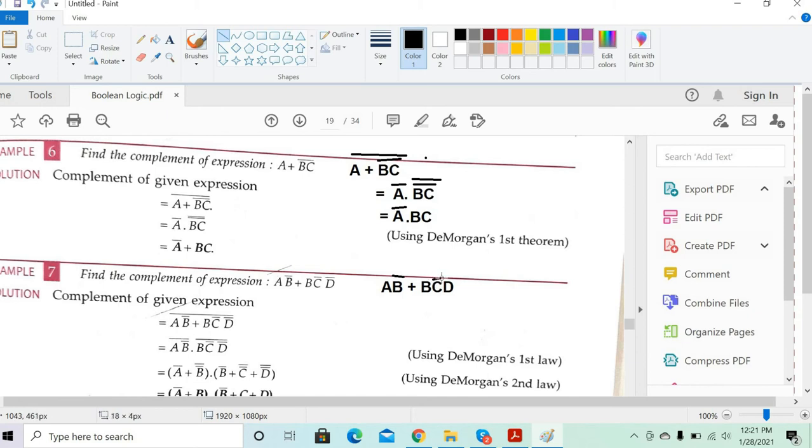and B C bar D bar, and the whole is the bar. Okay, so remember now, you need to apply De Morgan's second theorem.